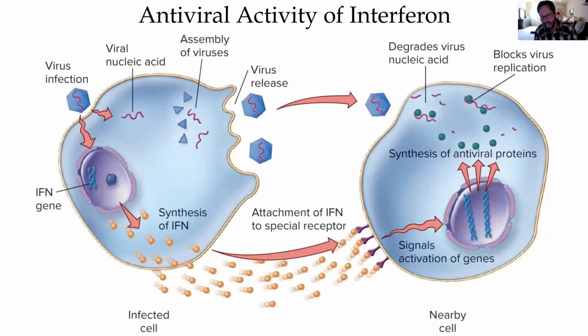This is part of the innate immune response, not the adaptive. We'll get into that later, right? This is the body saying, oh my gosh, we got something that's infecting us. We got to communicate that with the rest of the body so that they're poised and ready so we don't have a systemic infection, okay? So the interferon is a warning signal to uninfected cells of what's about to happen.